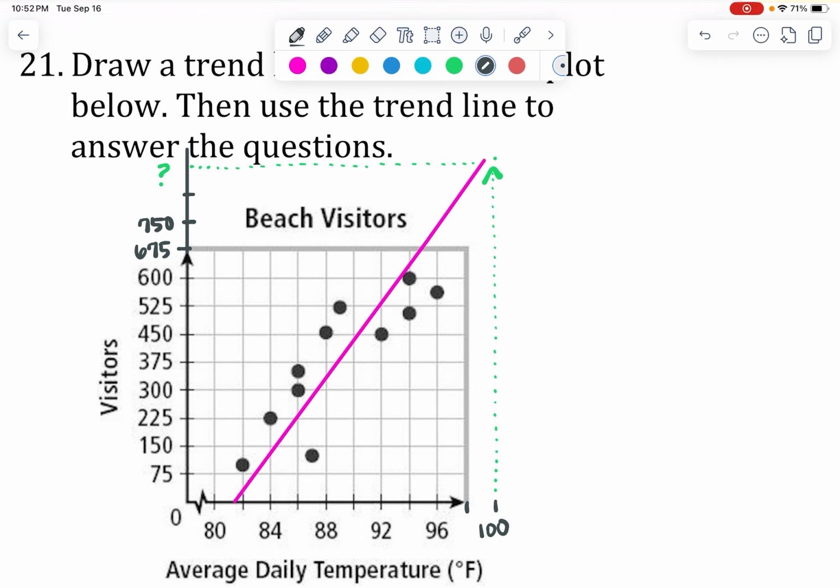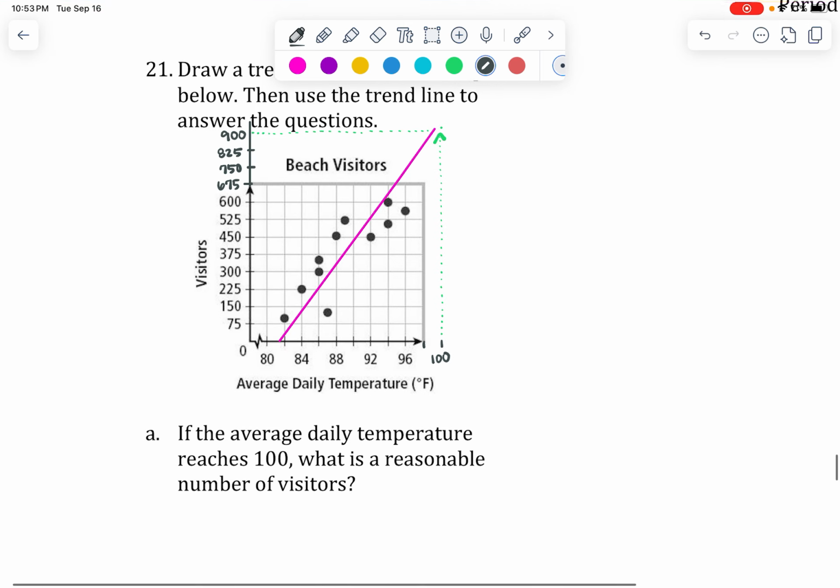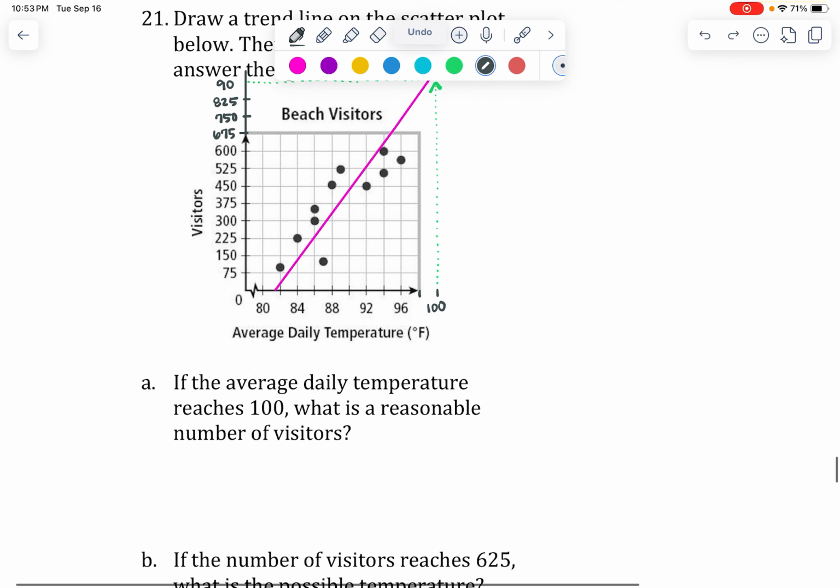And then this would be, what, 825? And then it looks like my little top guy here is going to be 900. So according to my graph and my line of best fit, a reasonable number of visitors would be 900 visitors.